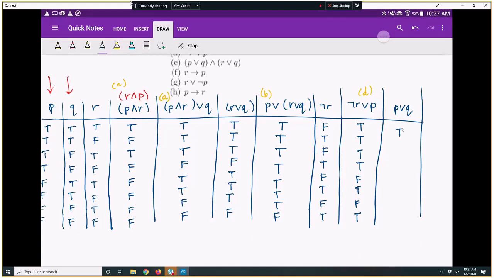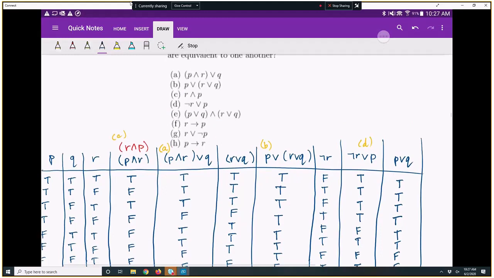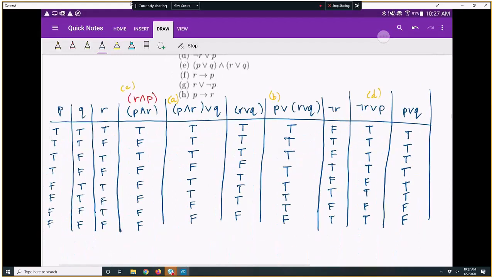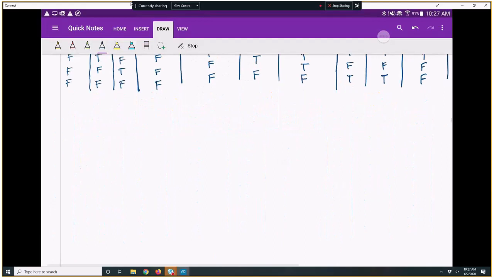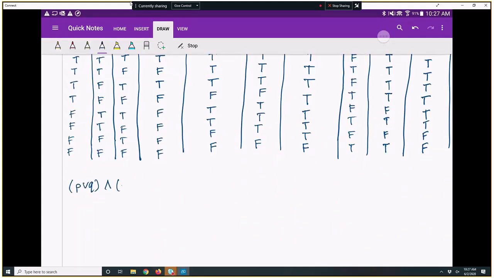I'm going to have true, true, true, true, and then I'll have true, true, false, false. So then I can make letter E, P or Q and R or Q.